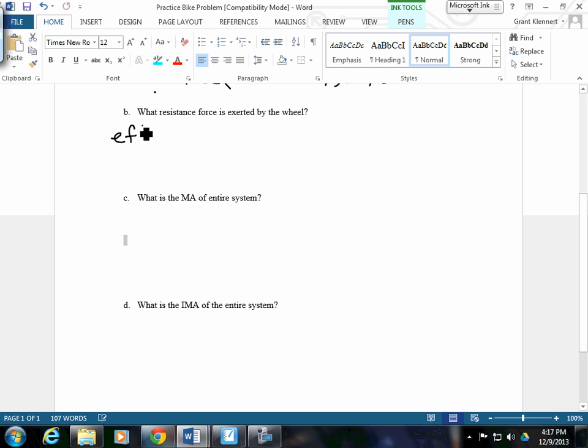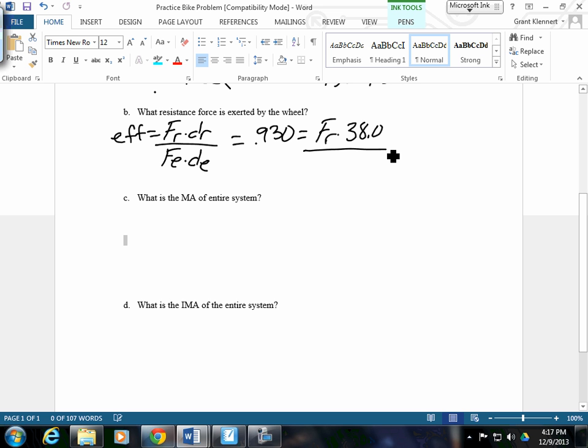Efficiency, again, is equal to FR times DR over FE times DE, but this time we use the gear wheel numbers. So our efficiency is 0.930, which is equal to FR times 38.0 divided by 120 times 4.5. When you solve for this, the force of resistance, or the force of the wheel on the road, is 13 newtons.